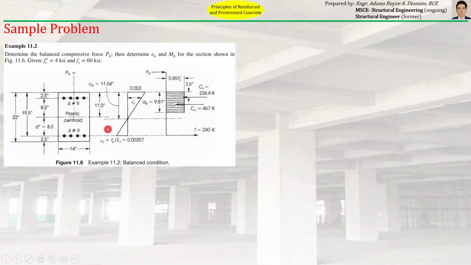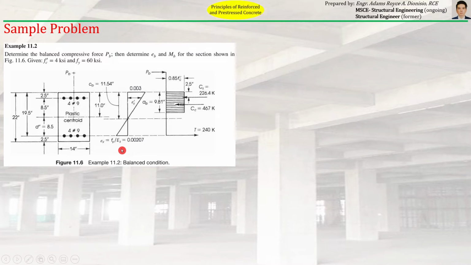As I mentioned a while ago, the balance condition is the condition that exists when a load PB, located at a certain eccentricity from the plastic centroid, produces a strain equal to 0.003 in the concrete at the same time as the extreme tension reinforcement experiences a yield strain equal to fy over Es, wherein in this case fy is 60 ksi and Es is 29,000 ksi.